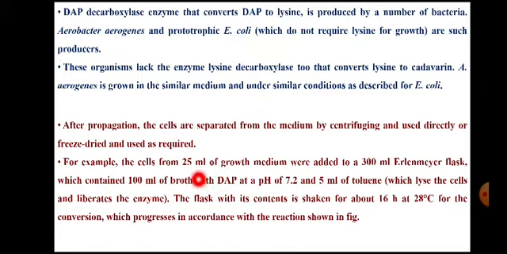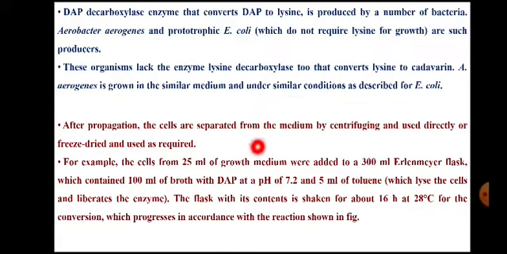So this is broth with DAP, to which the cells of Aerobacter aerogenes are added. Then this broth is allowed to react or mix at pH 7.2. Then there is addition of 5 ml of toluene.